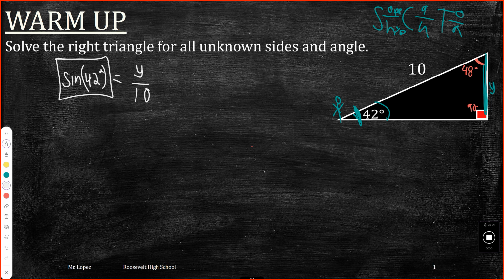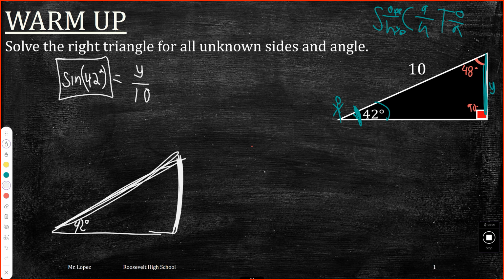It has it stored because for any triangle, no matter how big or how small, the ratio of this opposite side over the hypotenuse, divide that length by this length, is a constant. So the calculator already knows what that is.